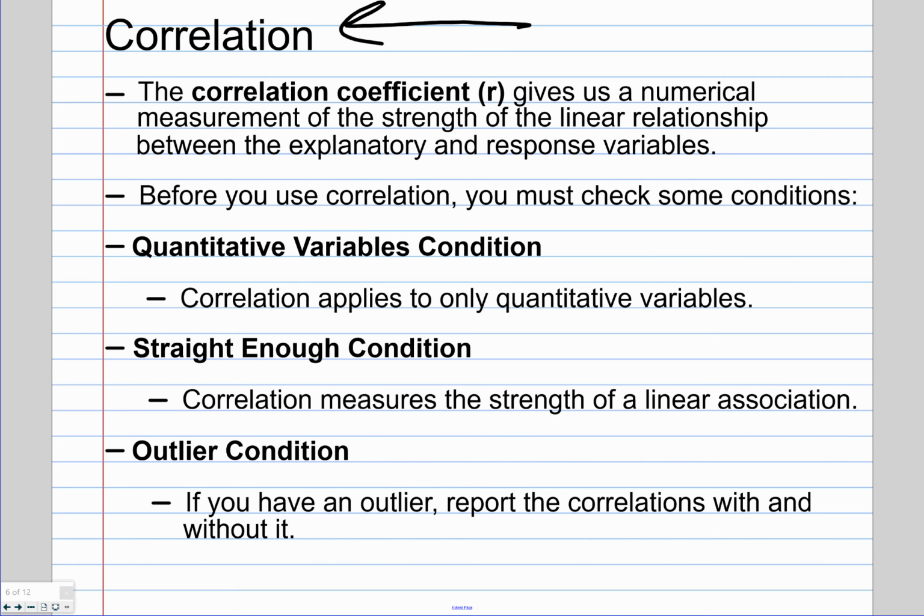Now, you'll notice these conditions here. This is the idea before you can use the word correlation. Okay? We already said they have to be quantitative. So what am I looking for to make sure they're quantitative? What am I looking for? Units. Very good. I'm looking for units. If I can't think of the units, then maybe it's not quantitative. Straight enough condition, that's just a way of saying, is it linear? Does it look linear when you look at the scatter plot?